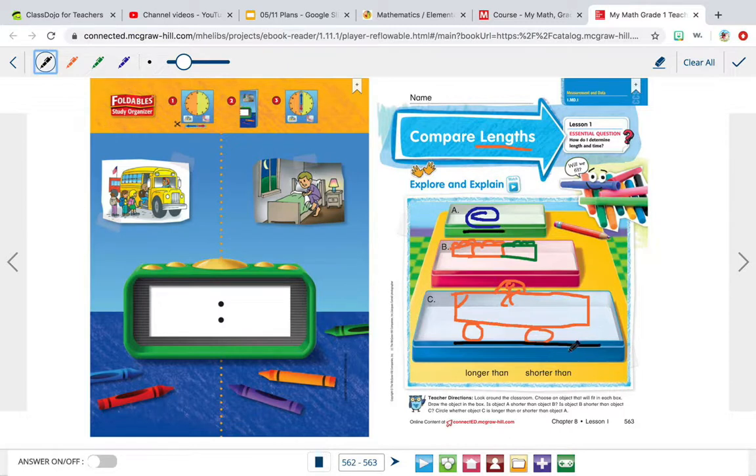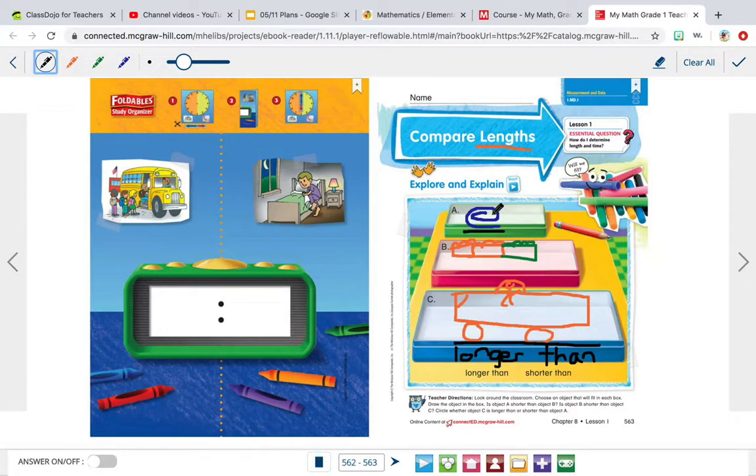Look at this line and look at this line. This line is much longer than this line. So we're going to say that object C is longer than, L-O-N-G-E-R, longer than object A. So we see that the car is longer than the paper clip. So object C is longer than object A.